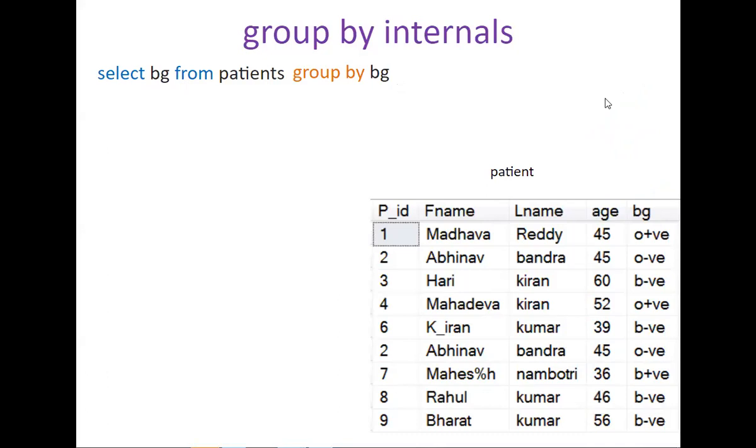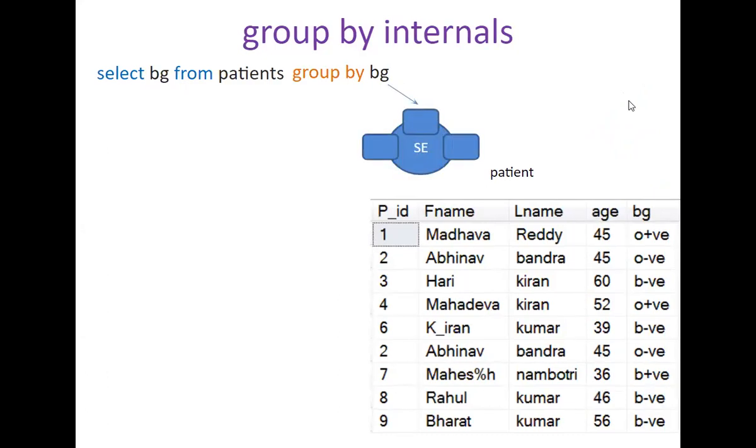So when I execute this query, where will it go? It will go to the storage engine, right? And the storage engine will check the group by clause, group by column will work first. So here it will check the blood group column values. What is the first blood group column value?